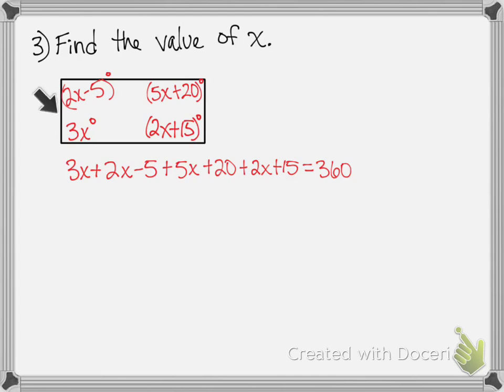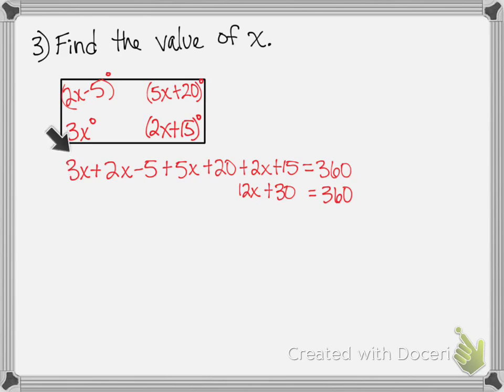So I just added all of these together. When I do that, I'm going to end up with what expression on the left side? 12x plus 30 equals 360.